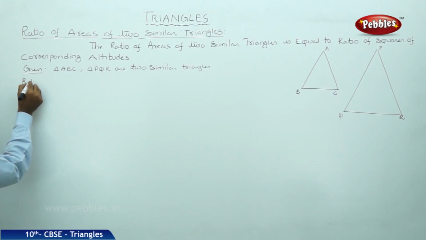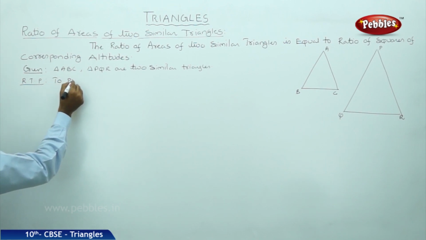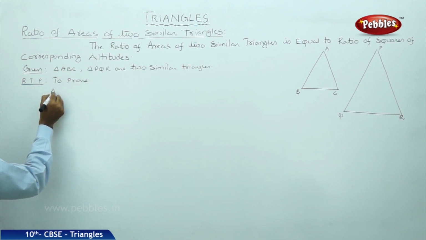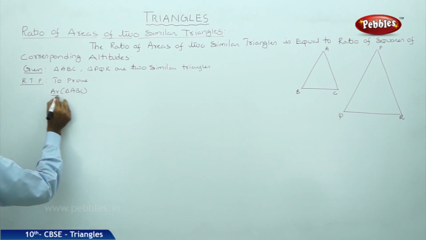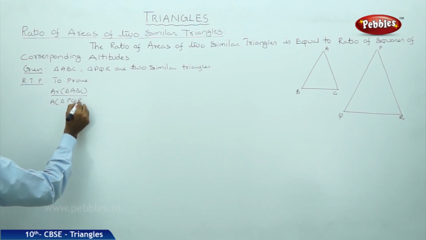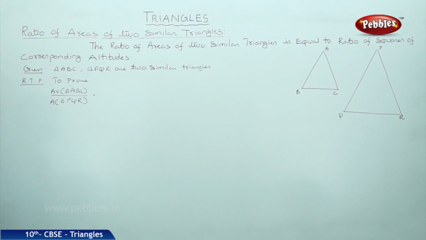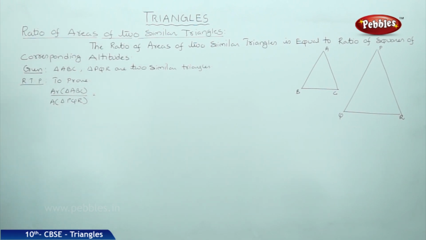RTP, to prove: area of triangle ABC by area of triangle PQR is equal to the ratio of squares of corresponding altitudes.